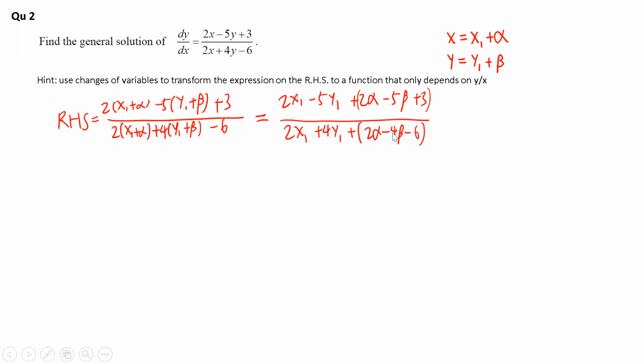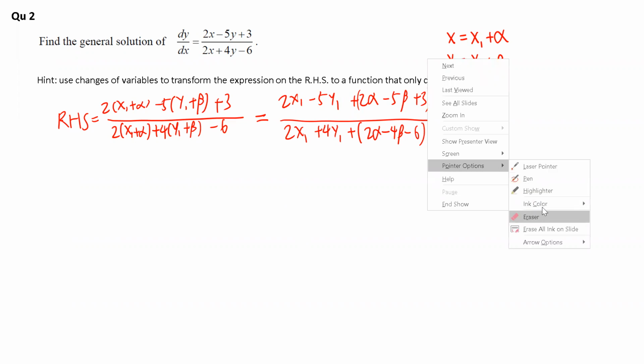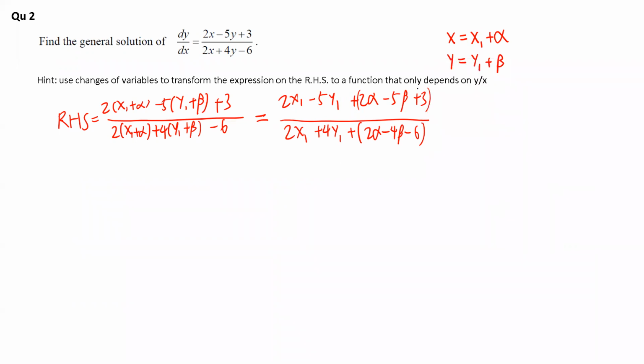So then you require this one to be 0, and this one to be 0. Then you look for alpha and beta: 2 equations, 2 unknowns. You will find that what you need is alpha equals beta equals 1.